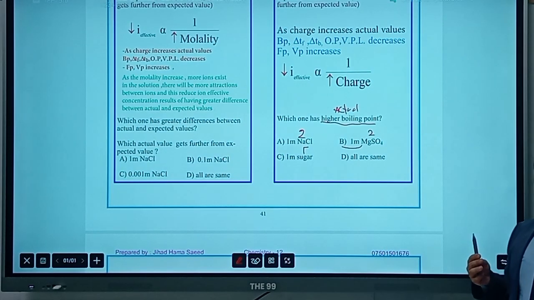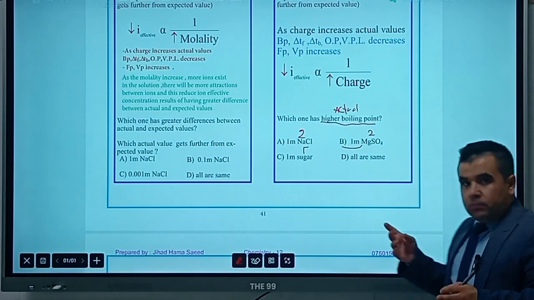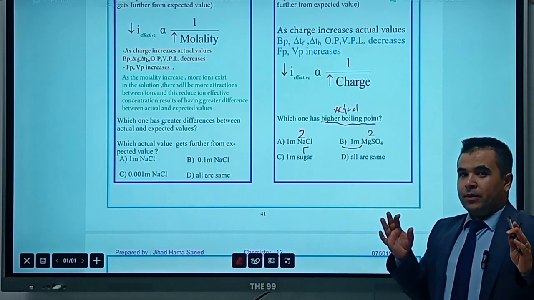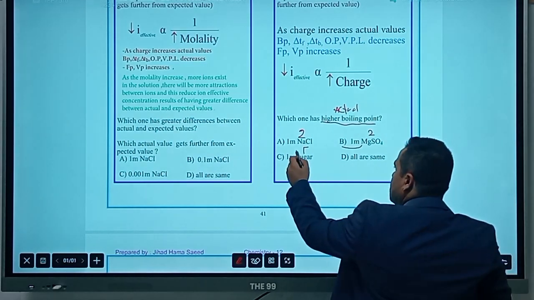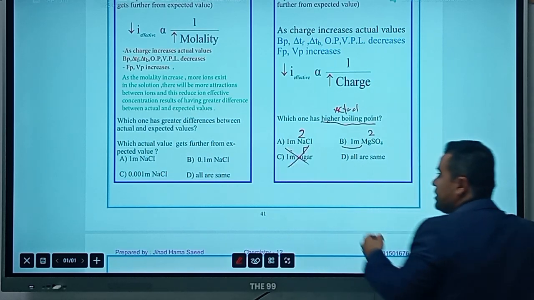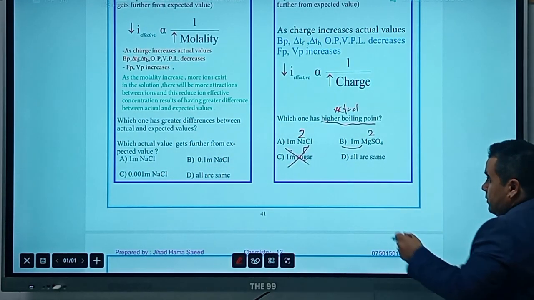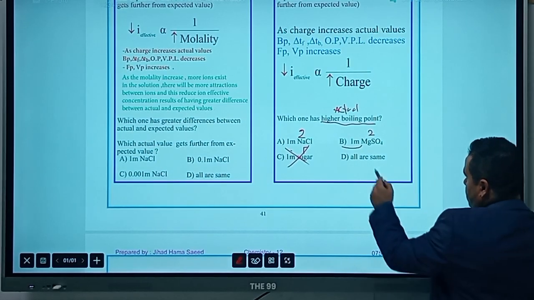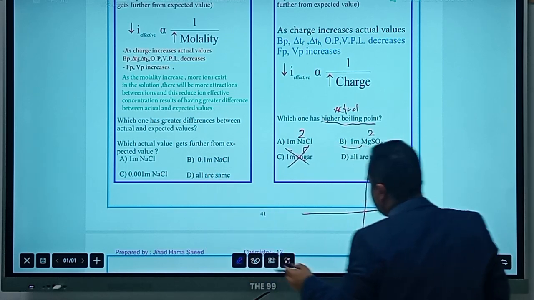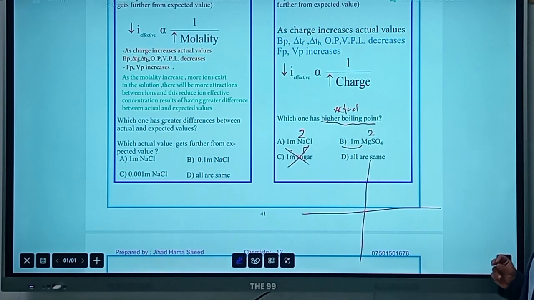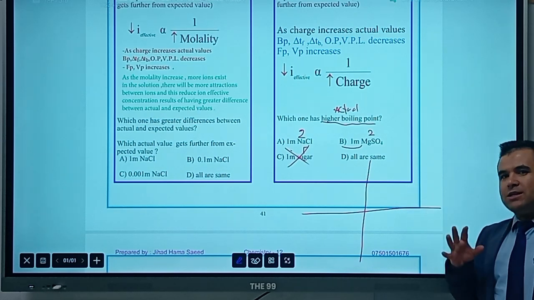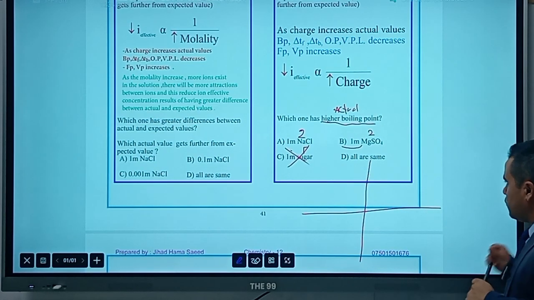And for the 5 quantities, the boiling point is directly proportional with the concentration and ion factor. So the one that has the least ion factor, with the concentrations being the same, must be cancelled. A and B remain. Let me show you on the board, guys. Whenever you have something about group 5, take the boiling point as an example and you will be able to solve the actual values.